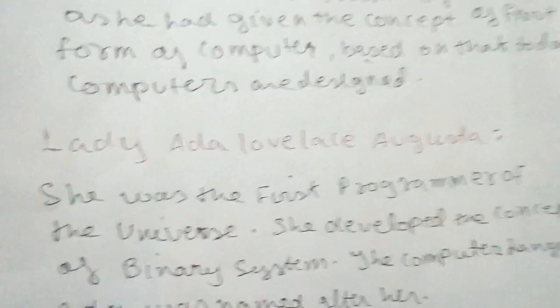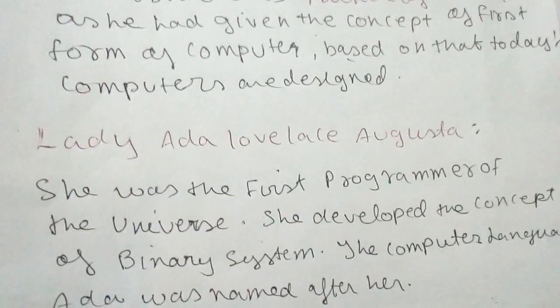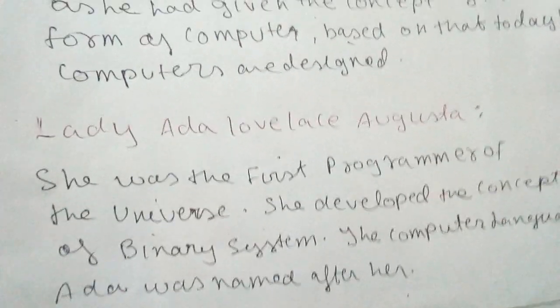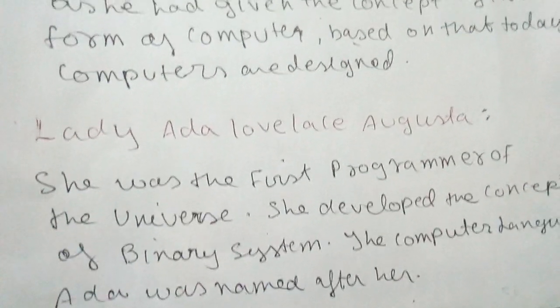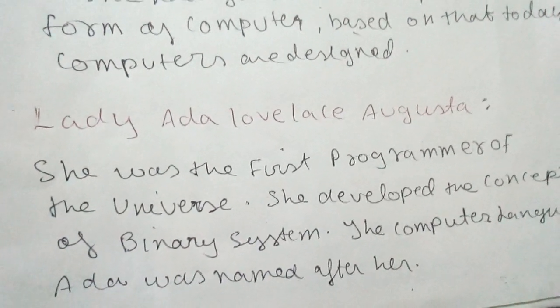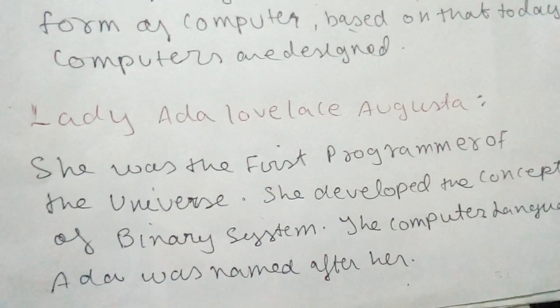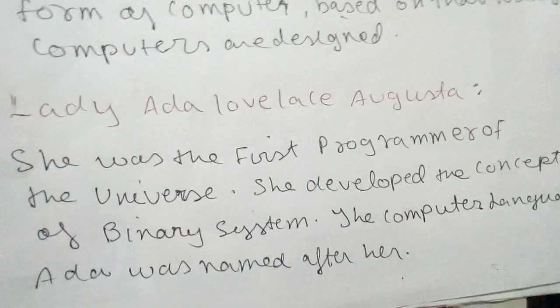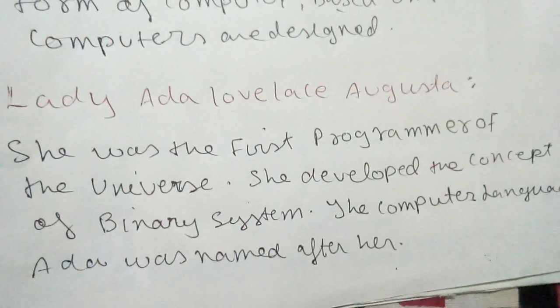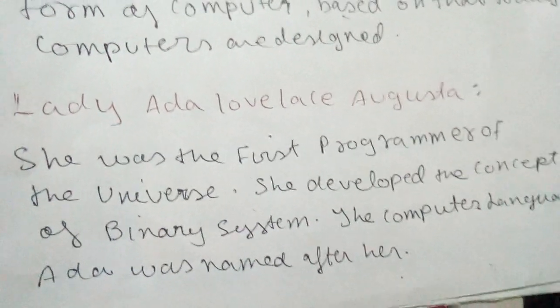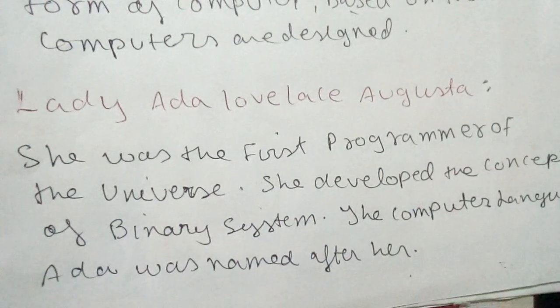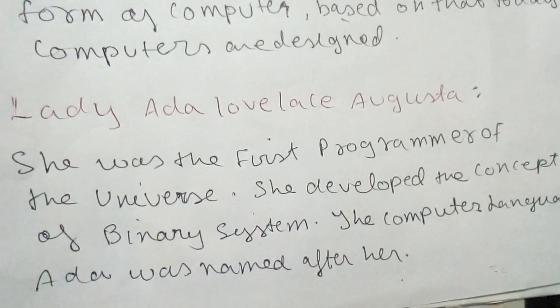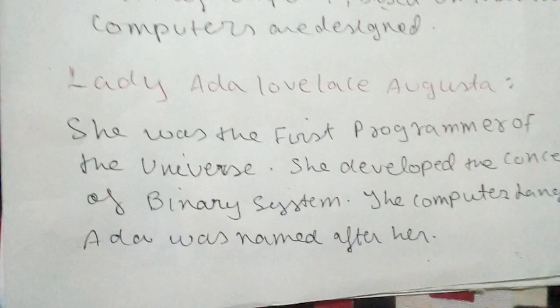Lady Ada Lovelace Augusta was one of the disciples of Charles Babbage. She worked on analytical engine and fulfilled Charles Babbage's dream. It was her contribution that made the computer a programmable machine. She developed the concept of binary number system in programming technique. Hence, she was known as first programmer of this universe.